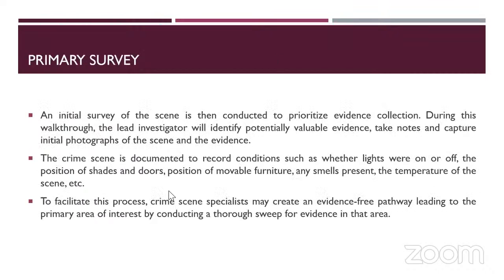Okay, the crime scene is documented to record conditions such as the lights, again, we have finished this point. So basically understanding why the furniture was moved. Say, again in a burglary case, if a piece of furniture is moved, was it responsible for their entry or exit?